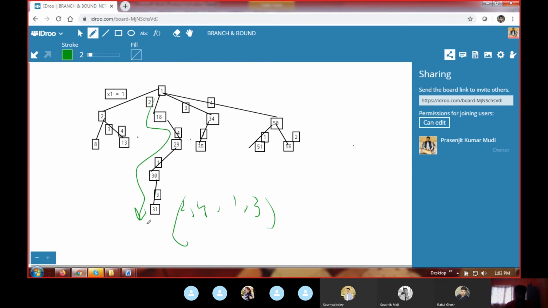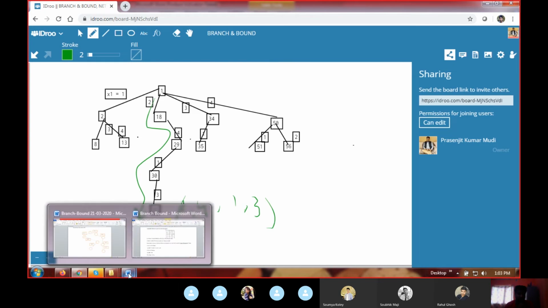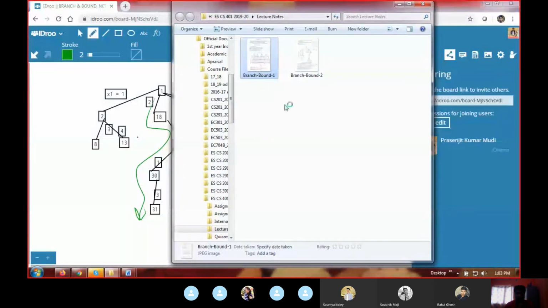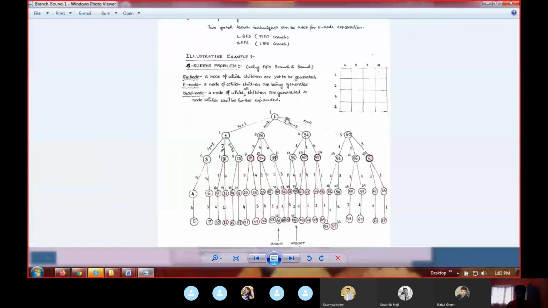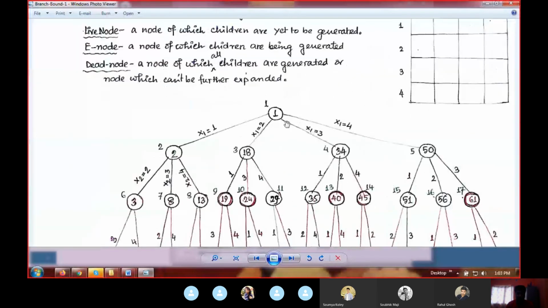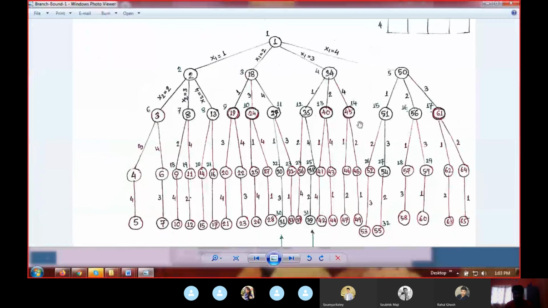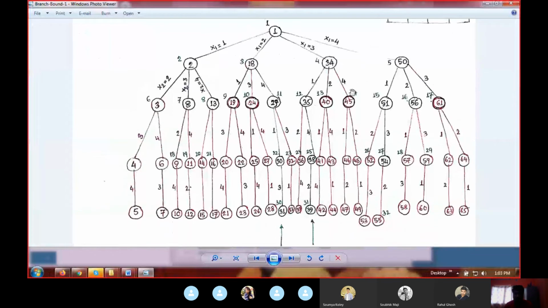If you complete this overall tree based on BFS or FIFO branch and bound, the picture will be somewhat looking like this. This is the complete picture of the FIFO branch and bound based tree construction of the 4 queens problem.